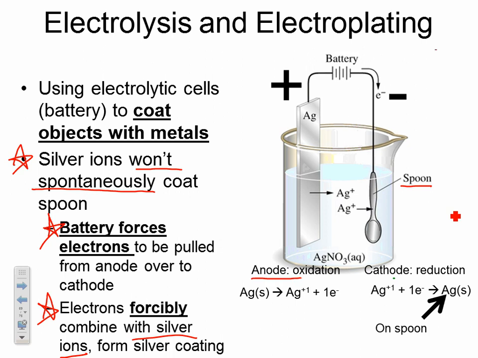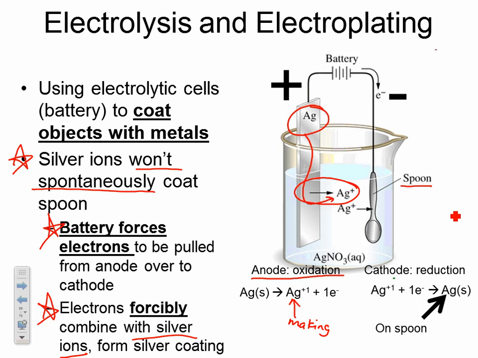So the anode is oxidation. Notice that we have silver metal here, and by forcing the oxidation to occur, notice that we have the silver metal getting turned into the silver ion right here. So we're forcing this oxidation, we're sort of generating this, right? We're making this. And then this is in solution.